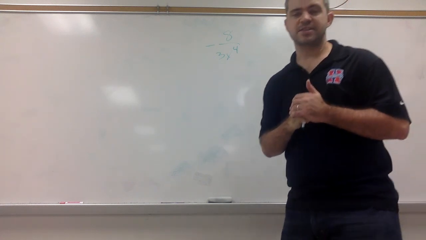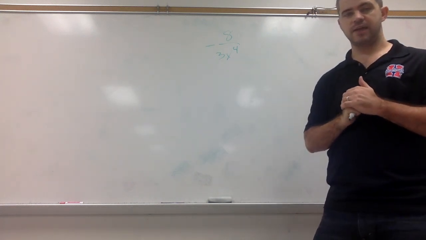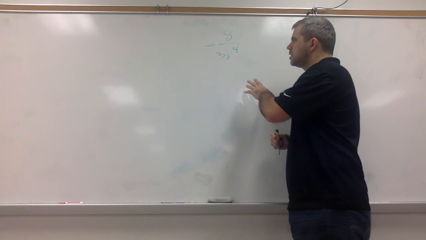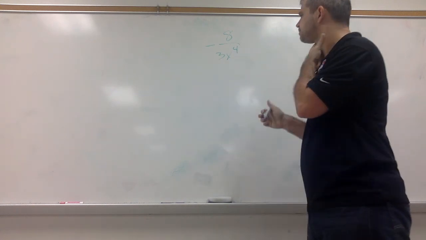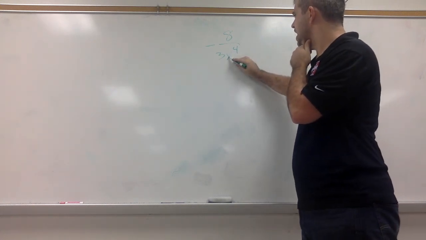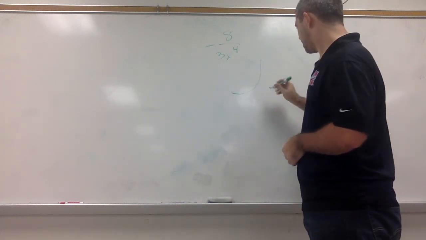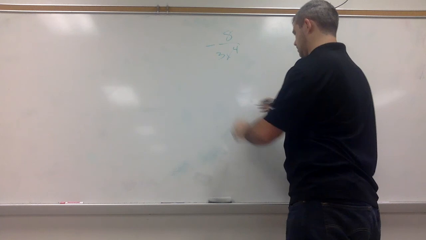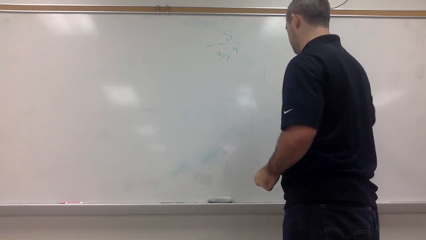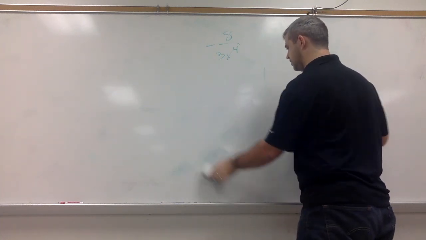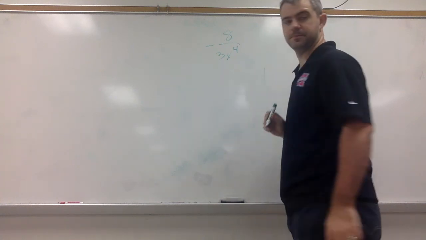Okay, it's asking what the parent function will look like. Now, this one, since it's x to the 4th in the denominator, instead of having this look, it's going to have this look.